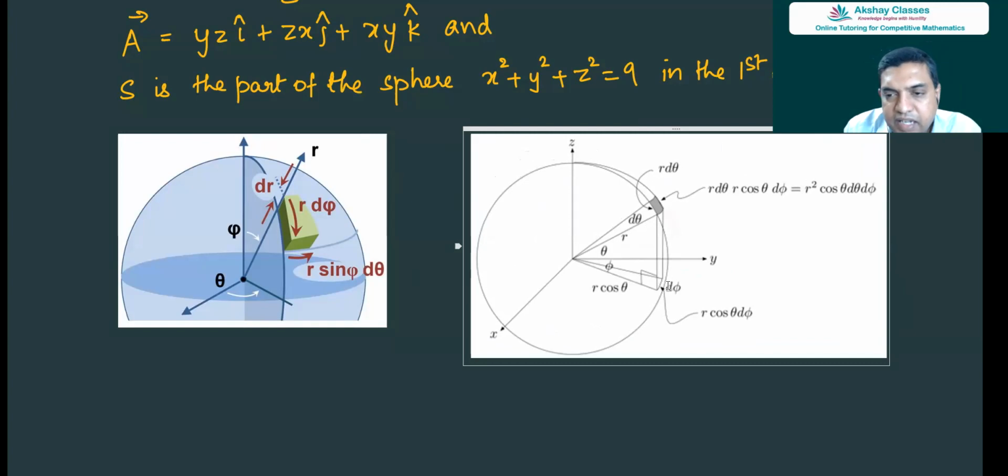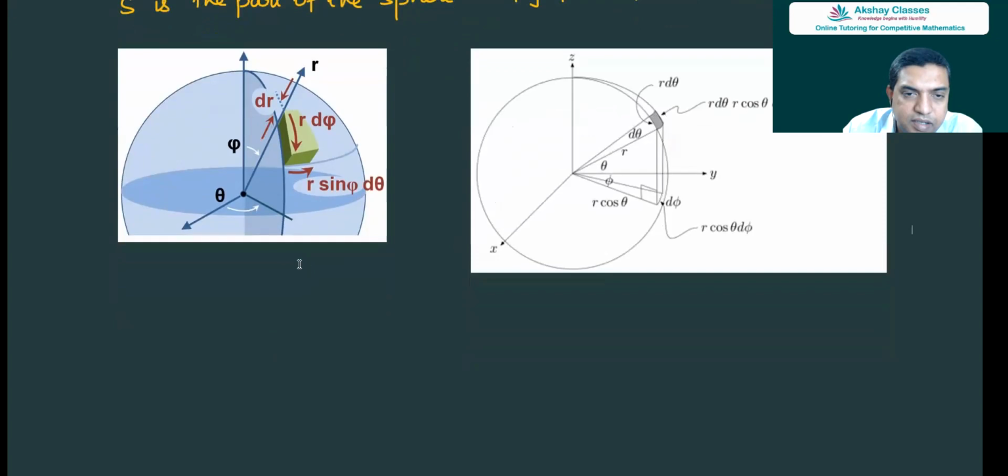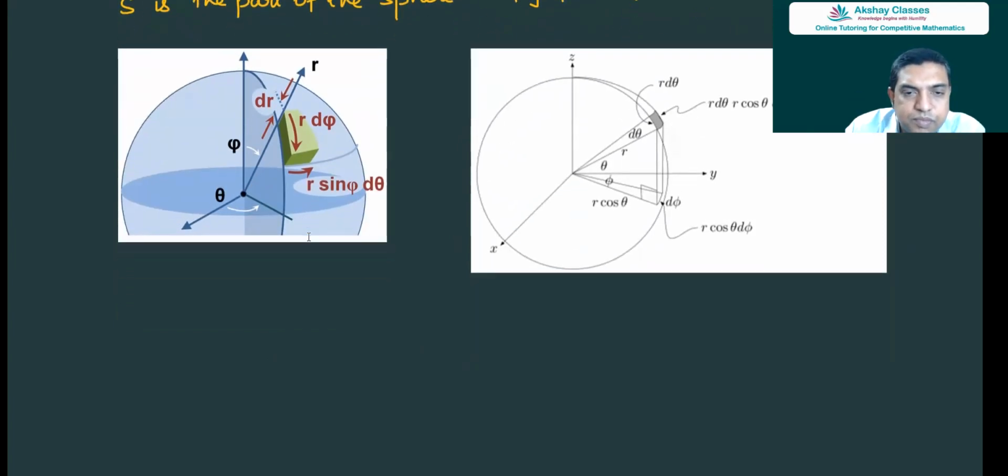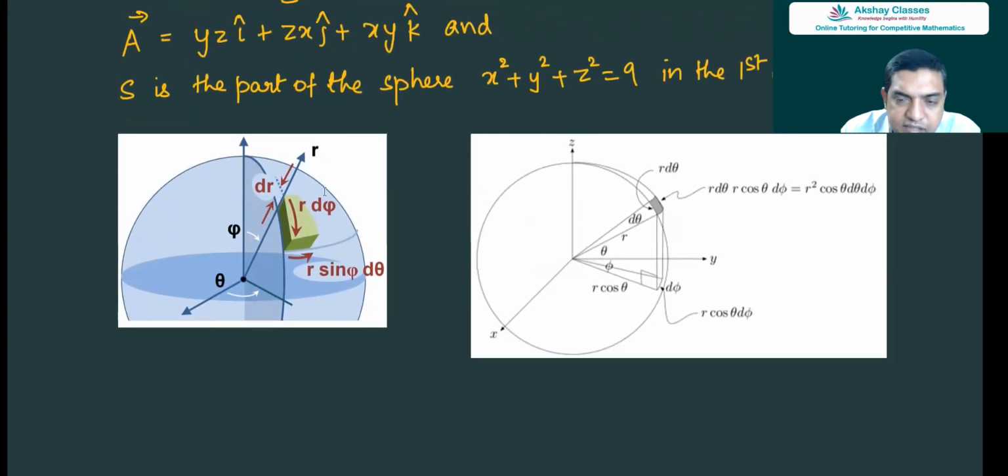This is r, the direction of r. This is the direction of theta with the x-axis, and this is the azimuthal angle phi from the vertical axis.